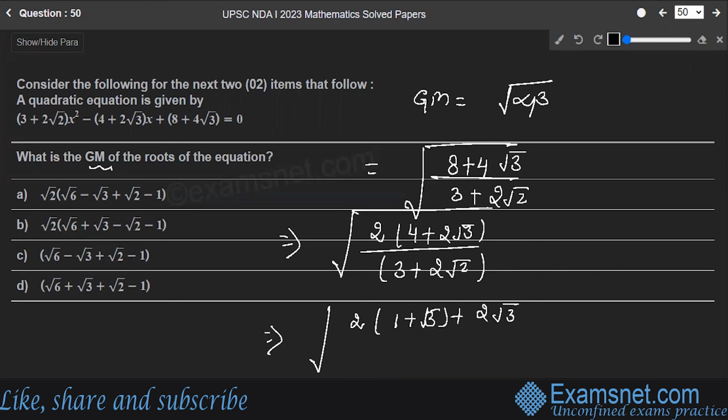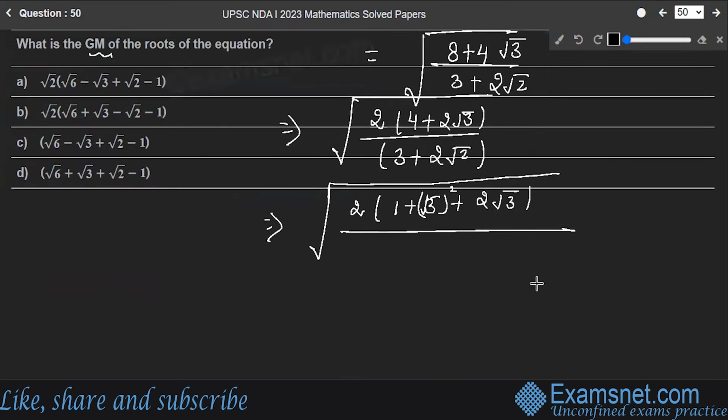Actually, 3 can be written as root 3 square, whole divided by 3 can be written as 1 plus root 2 square plus 2 root 2. I hope you're getting what I'm trying to do over here. I have split up this 4 into 1 plus 3, and 3 can be written as root 3 square. Similarly, I have split this 3 as 1 plus 2. 2 can be written as under root 2 square.